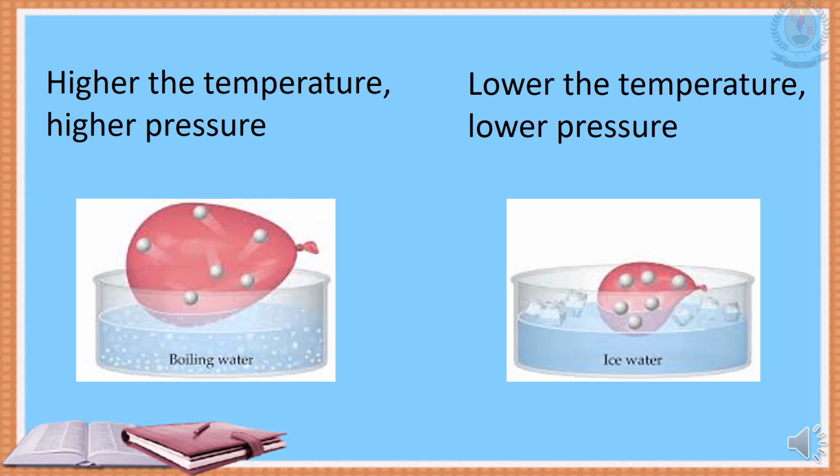First, keep the inflated balloon in the boiling water bowl and measure the size of the balloon. Then keep the same balloon in the ice water bowl. Keep it for some time, take the balloon out again and measure the size.